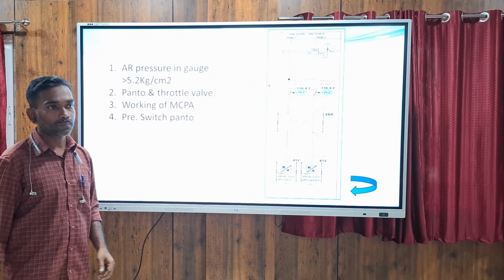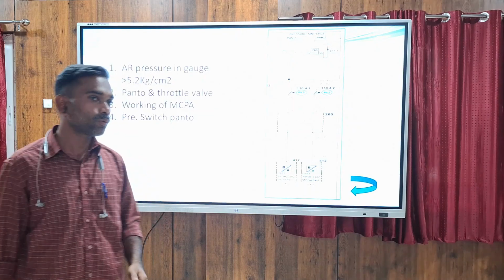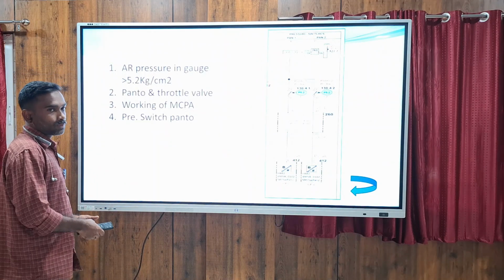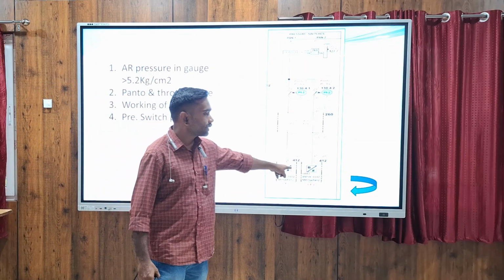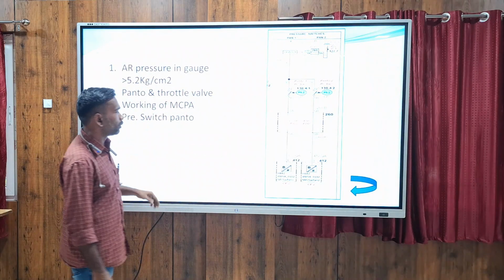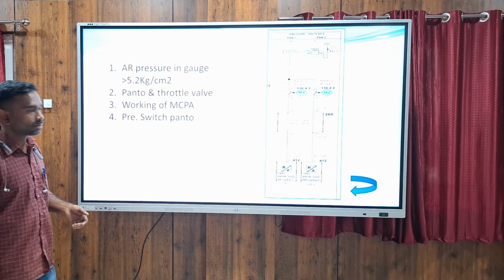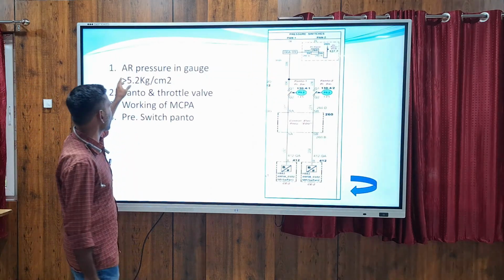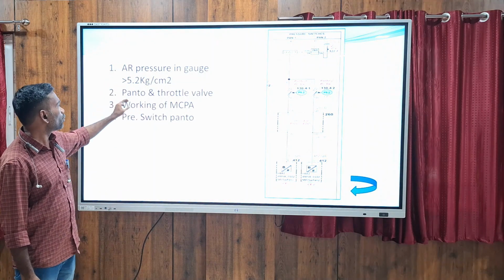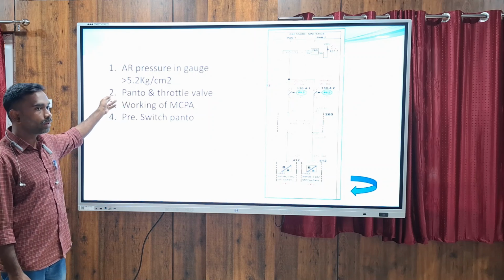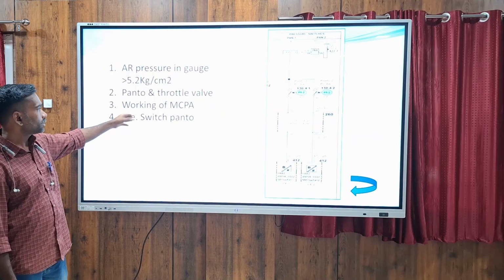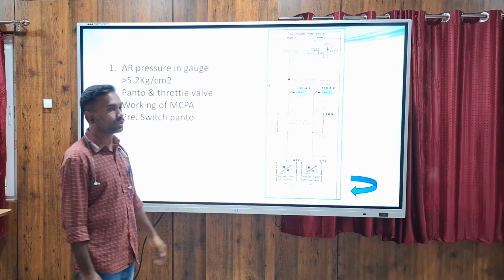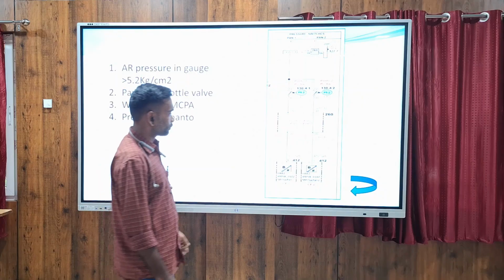Suppose there is no auxiliary reservoir pressure, or it is less than 5.6, the pantograph will not get raised. In that case, this card will sense that and it will give a message that pantograph is not getting raised. There may be some reason, maybe MCPA not working, or there is an air leak in the pantograph circuit, or a throttle valve or pipeline somewhere, or the pressure switch may be malfunctioning. Such issues may be there.